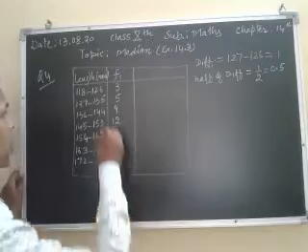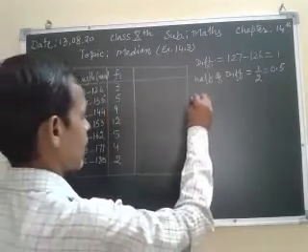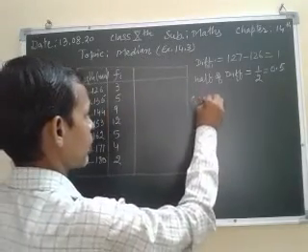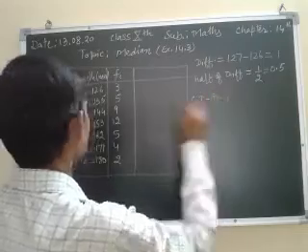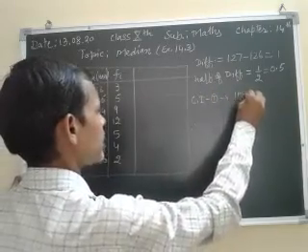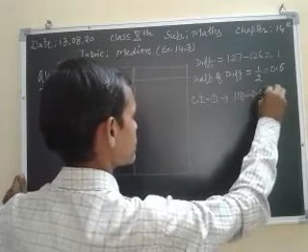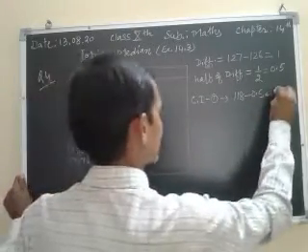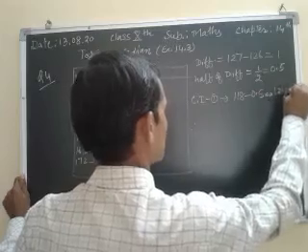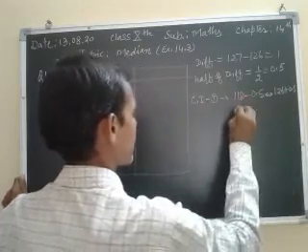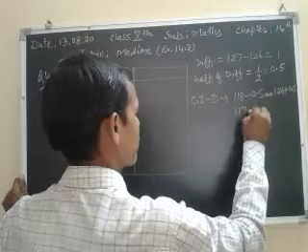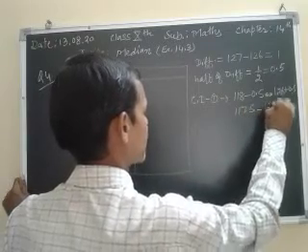So the first class interval is 118 minus 0.5 to 126 plus 0.5, which becomes 117.5 to 126.5.